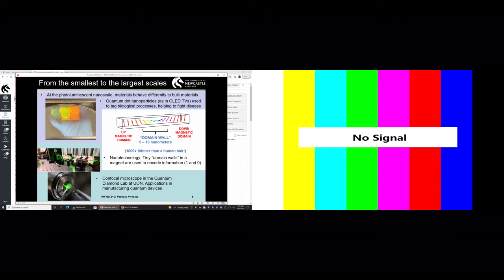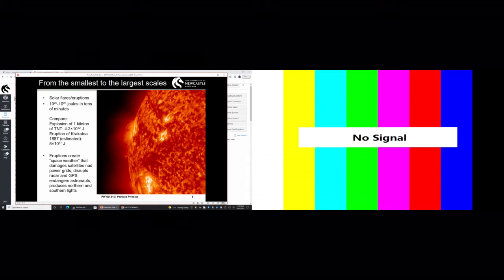Finally, down at the bottom is a picture from another one of the labs in the physics building, of a confocal microscope, which is used to image molecular defects in diamonds and make them glow. Right, so lots and lots of research on things at tiny, tiny scales.